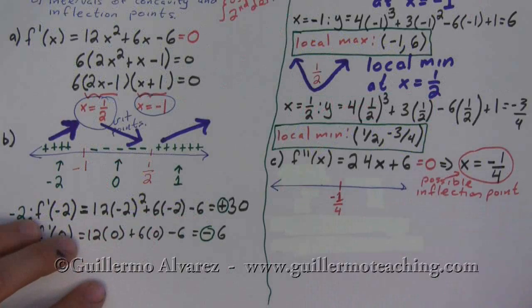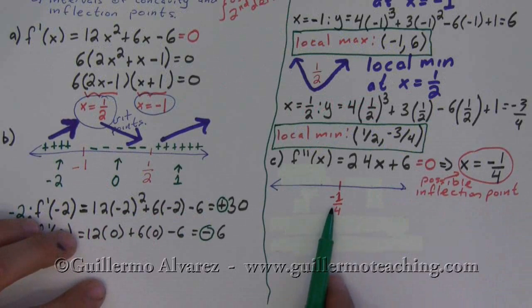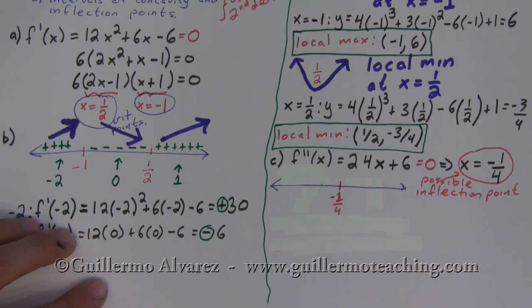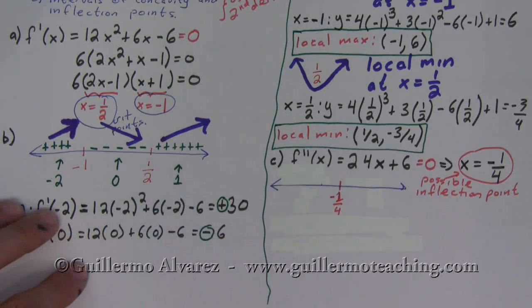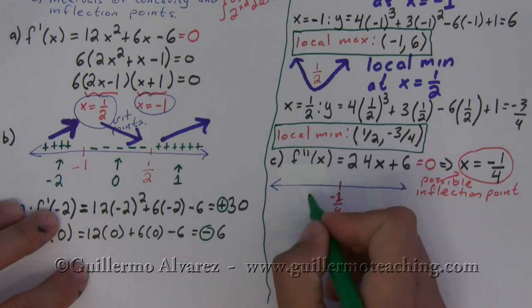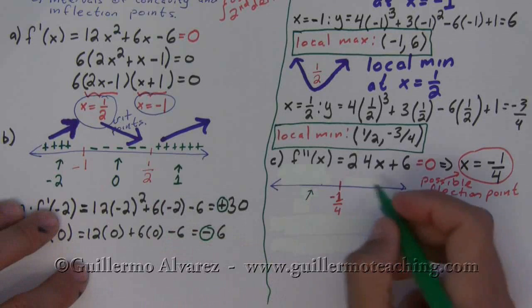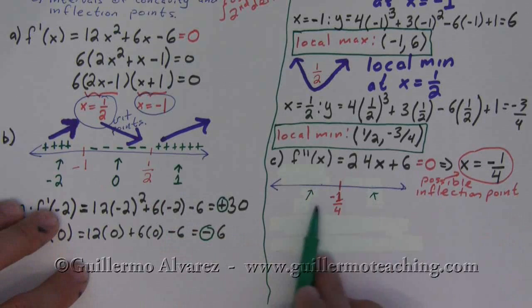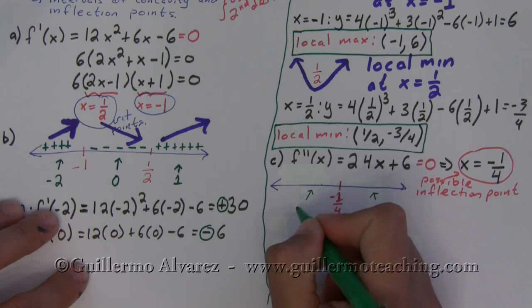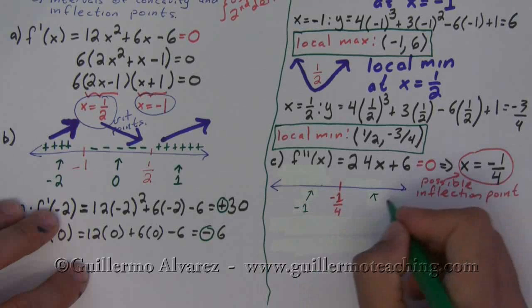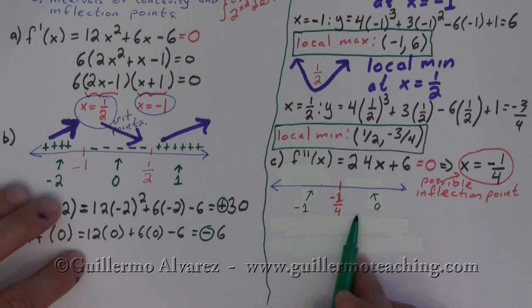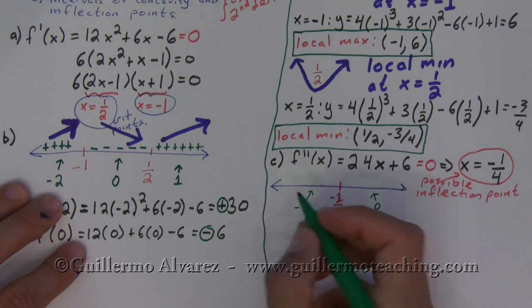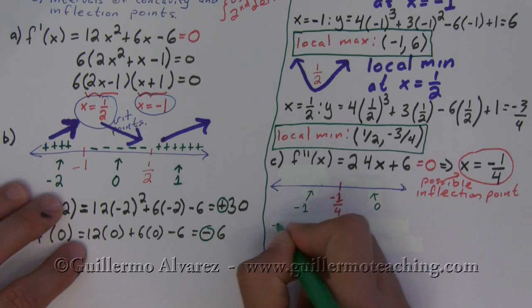So we put our possible inflection point right here, and then on each side, just like we did on the first derivative test, we pick test points on either side of negative 1/4. So on this side we can pick negative 1, on this side 0, and that should give us some easy answers.